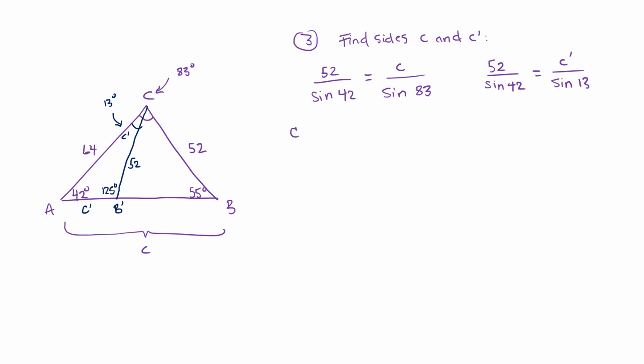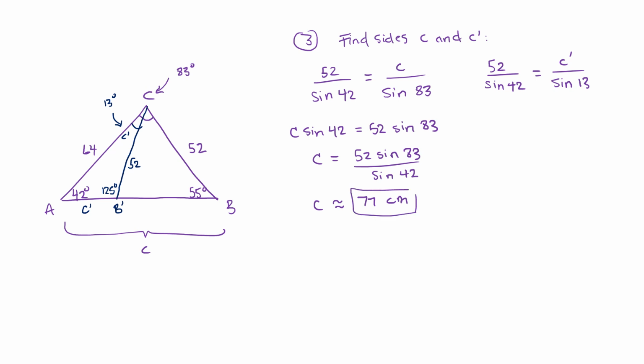So solving for C, we will cross multiply, getting C by itself. We will divide both sides by the sine of 42. Substituting that into our calculator, we will get C equals approximately 77 centimeters.